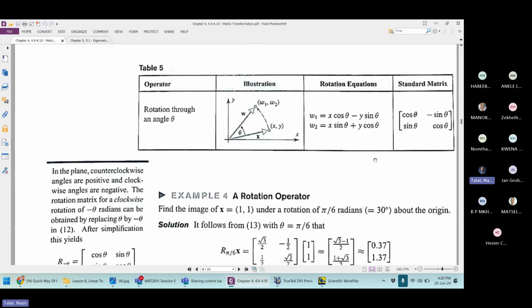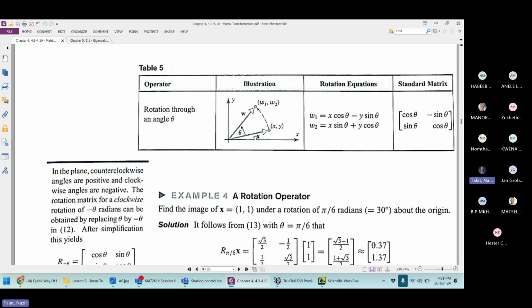For example, if we want to rotate vectors by some angle theta, we take this form of transformation: [cos theta, minus sine theta; sine theta, cos theta]. If you multiply it with any vector (x, y), you get the resultant values w1 and w2. This gives you the rotation equations.